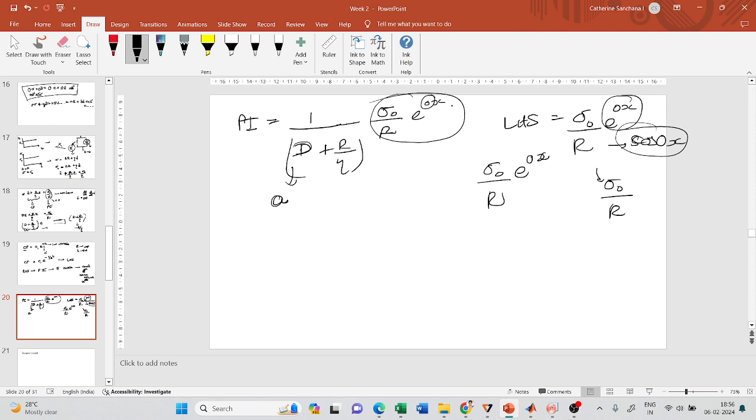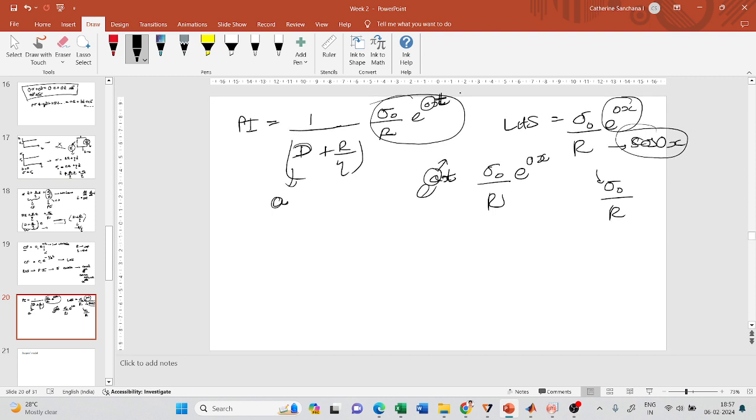It is this value in e power ax. It is actually not x, it is t, since I told you that t is the independent variable, right? So this D has to be substituted by this value a. For us, this value of a is 0. So it is going to be 1 by r by eta into sigma naught by r, and this e power 0t is nothing but 1, right?